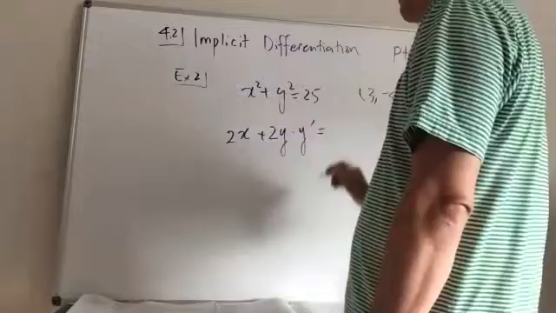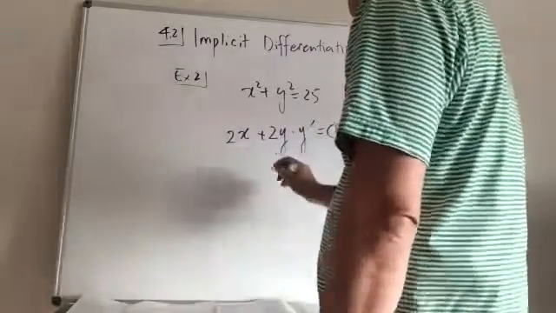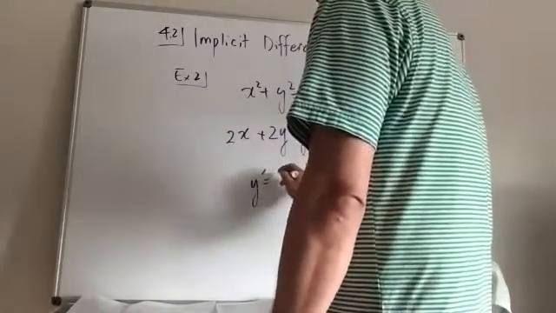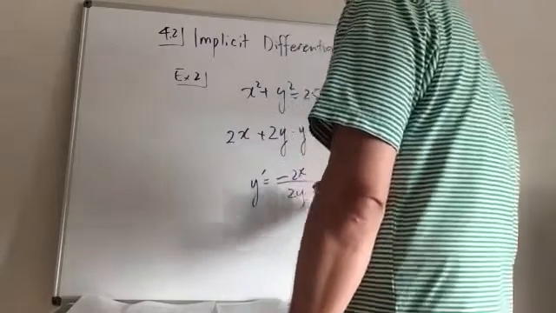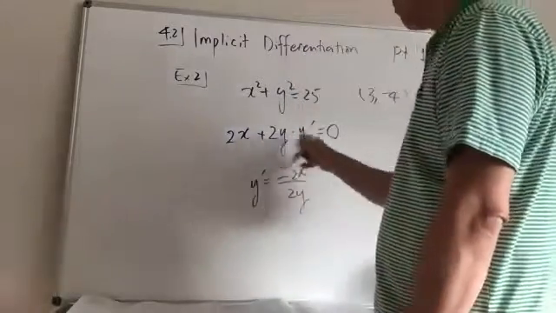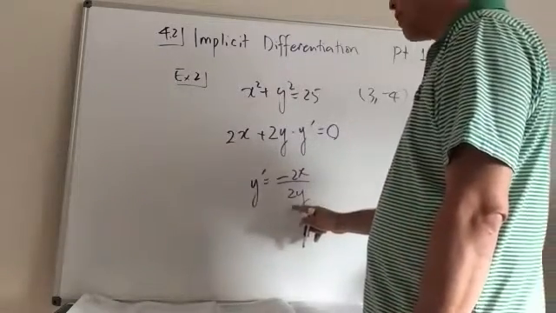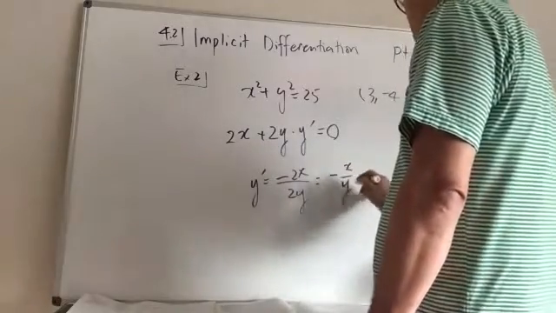And over here, when I take the derivative of 25, I get 0. So y prime is going to be equal to negative 2x over 2y. If I solve for y prime here, move the 2x over to get negative 2x, and divide both sides by 2y, I end up with negative x over y.